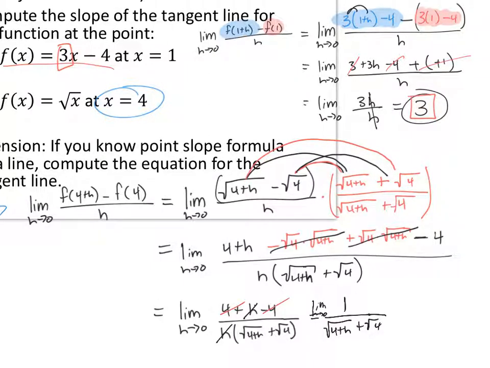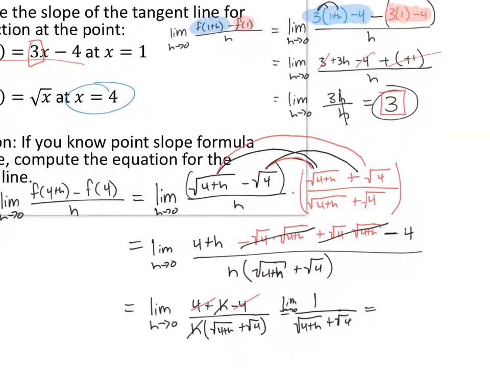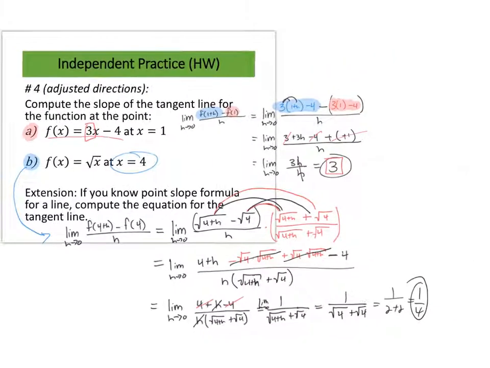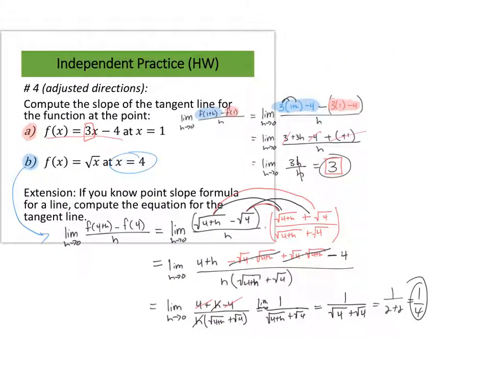Well, as h approaches 0, this becomes super nice, because it becomes 1 over, evaluating the limit now, root 4 plus 0, so root 4 plus root 4. What is root 4? Root 4 is 2, so 2 plus 2, so this is the same as 1 over 2 plus 2, or 1/4. Gosh, all of this work to find that as h approaches 0, like the derivative, the slope of the tangent line to this is 1/4.